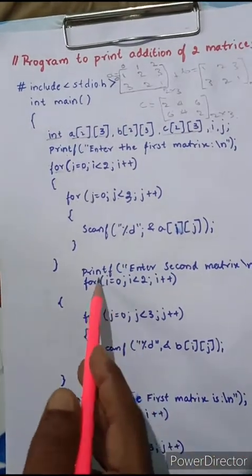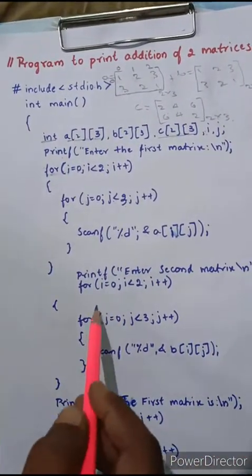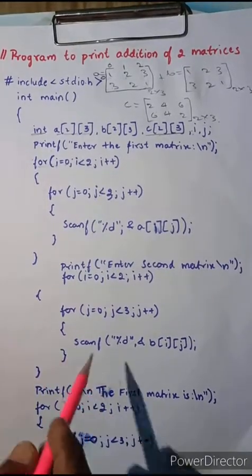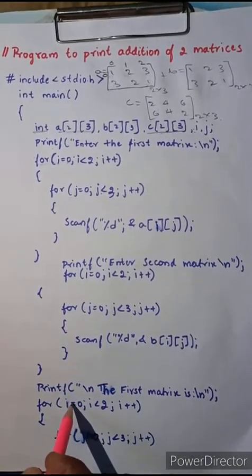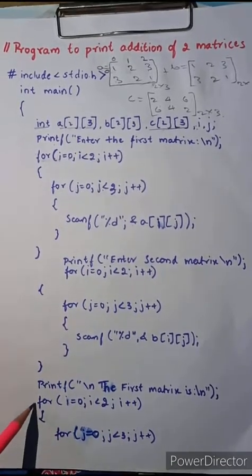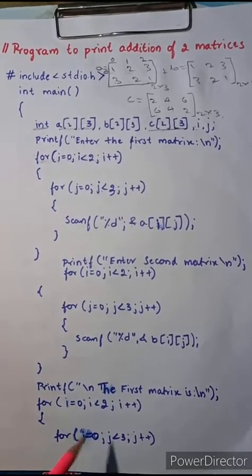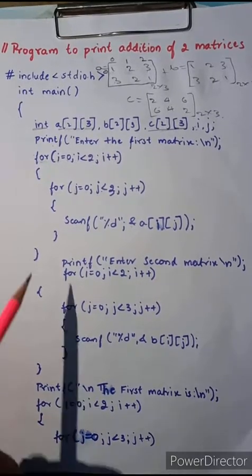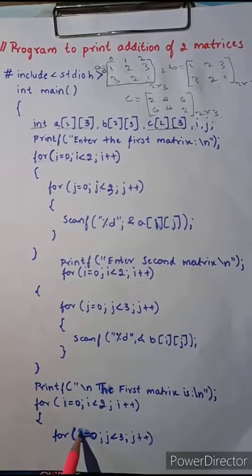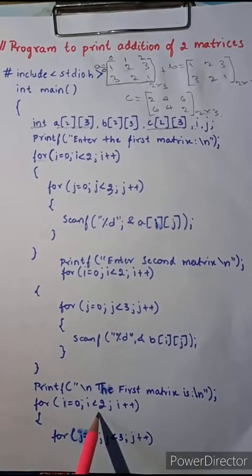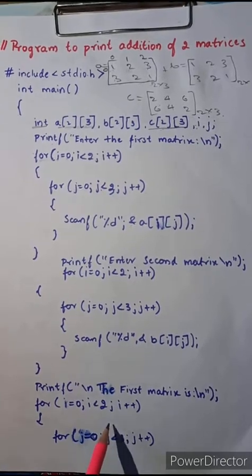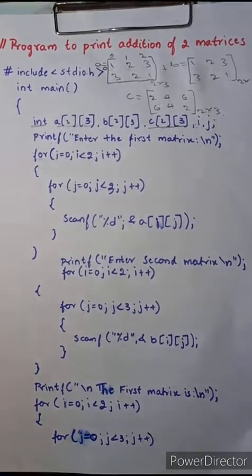As I told, the same procedure goes for the second matrix also. We have read the two matrices, and next is printing the two matrices in matrix form. For printing also we are using two for loops, the same as for reading. So i is for rows, and j is for columns. So i less than 2 and j less than 3, 2 rows and 3 columns, the dimension will be 2 cross 3.